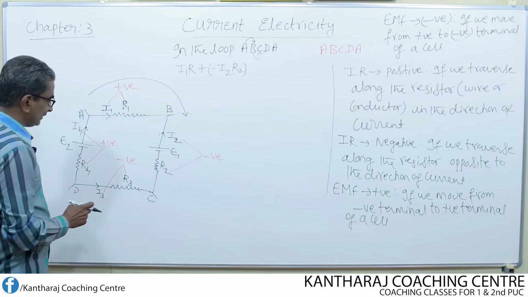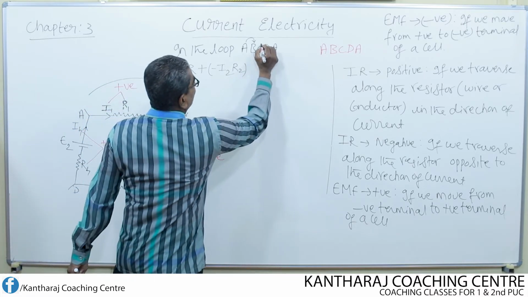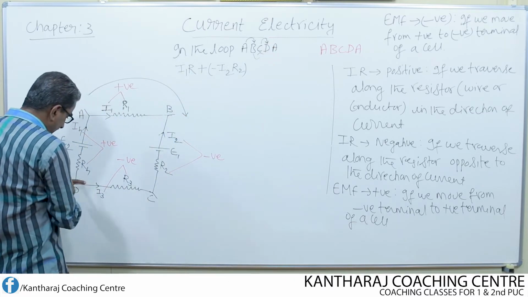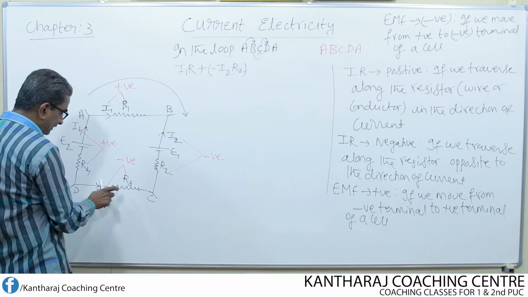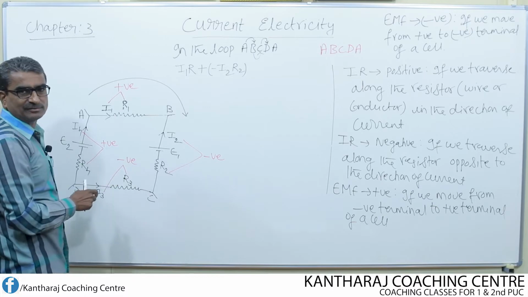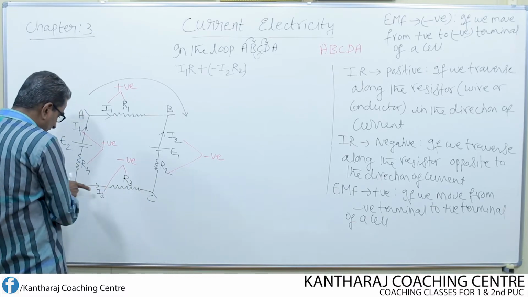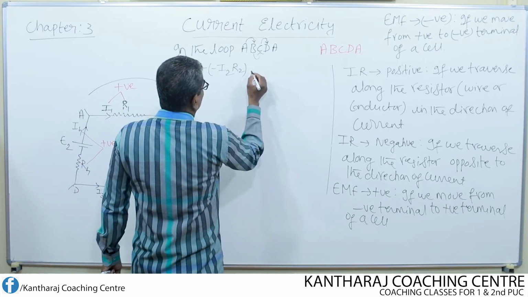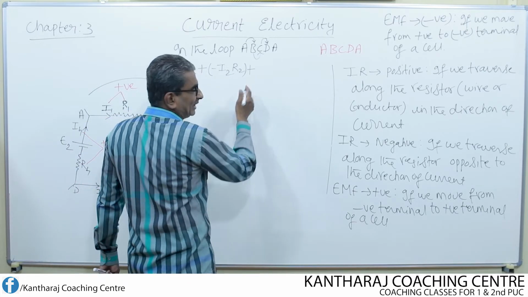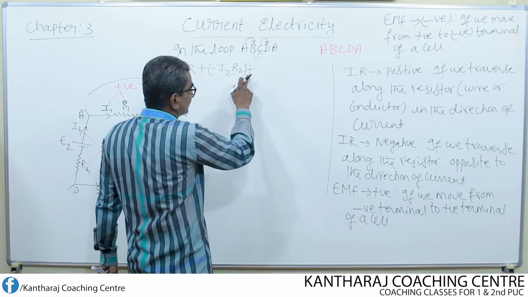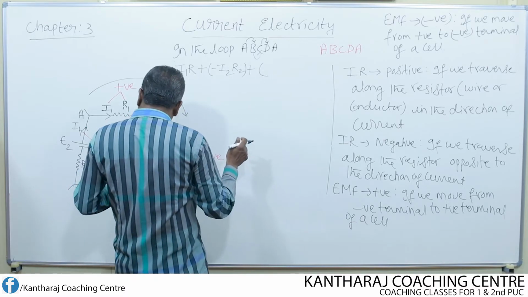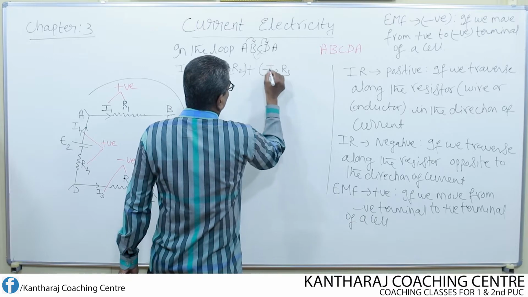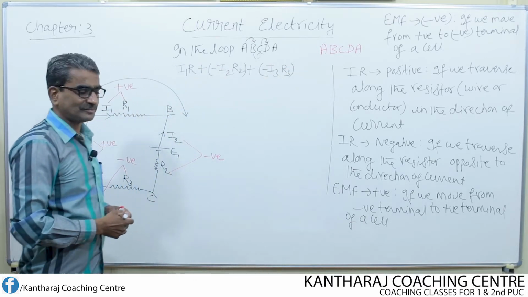Then, move from C to D. If you move from C to D like this, in this branch IR product, that means I3 R3, is negative, because we are moving like this, current is flowing opposite to us. Using sign convention, I write this IR product as negative, I3 R3 which is minus.